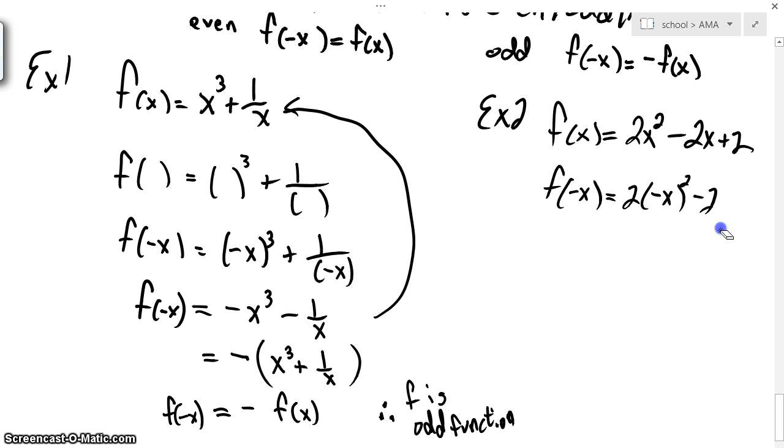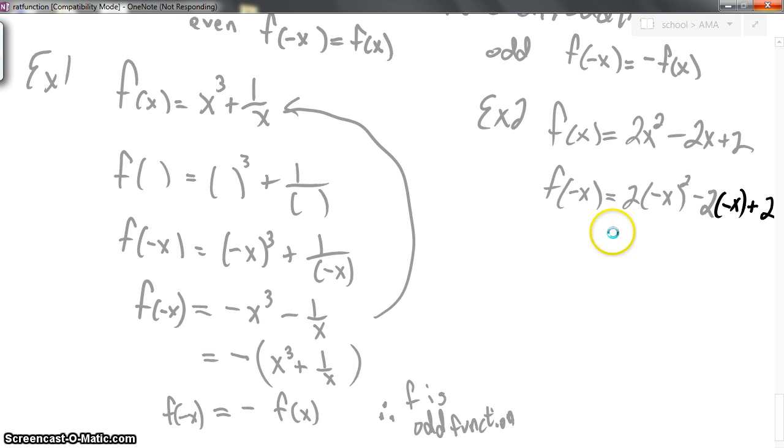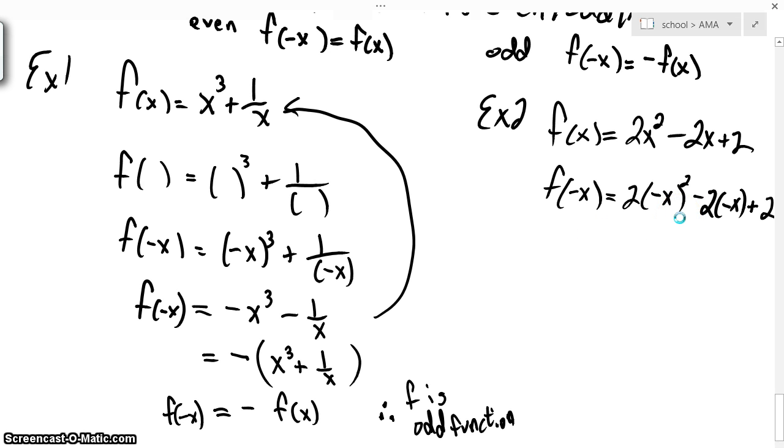Let's clean that up just a bit and see what we get as a result. Now, in the very beginning, you're going to see that the opposite of x squared, when you square that negative, you're just going to be left with x squared itself. A negative squared becomes a positive. Negative 2 times negative x would become plus 2x.